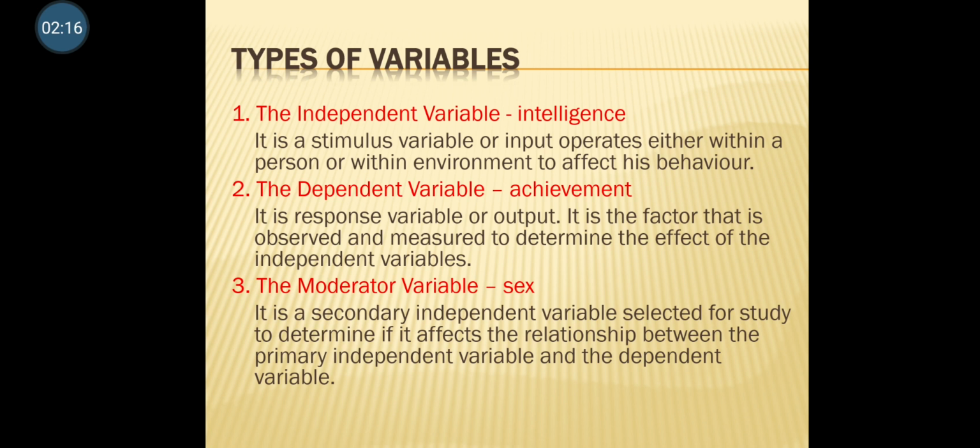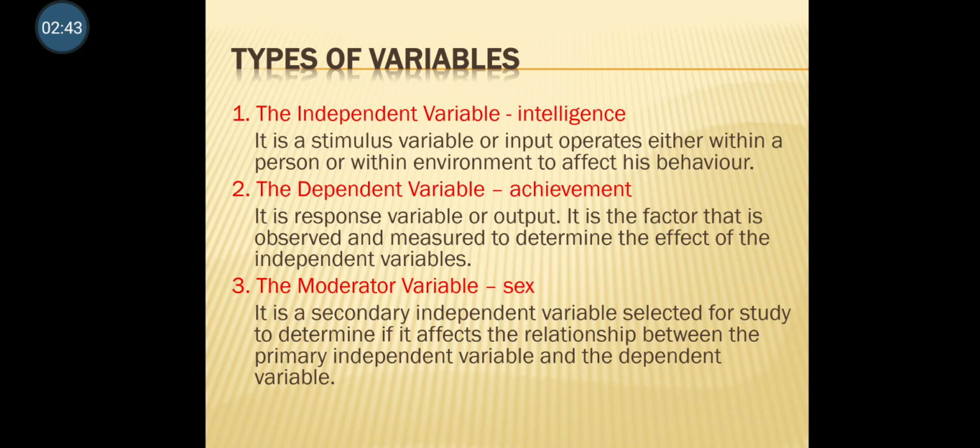Next we'll see the moderator variable. The moderator variable is also an independent variable, but it is a secondary independent variable and which affects the relationship between the primary independent variable and the dependent variable. In the above example, we can say gender is also an independent variable, but it affects the dependent variable, that is achievement.